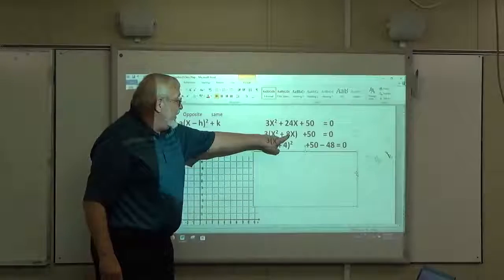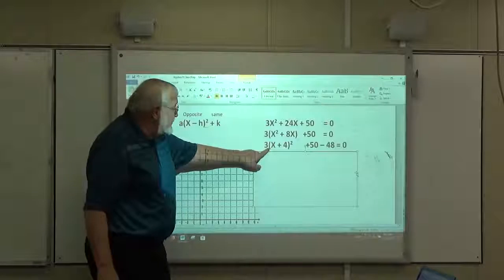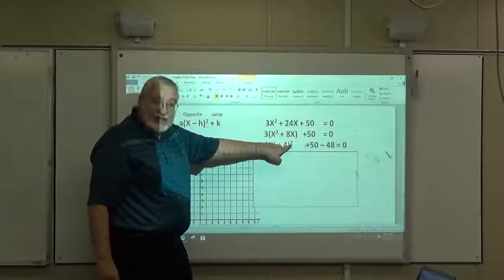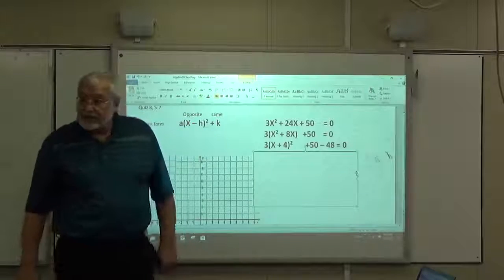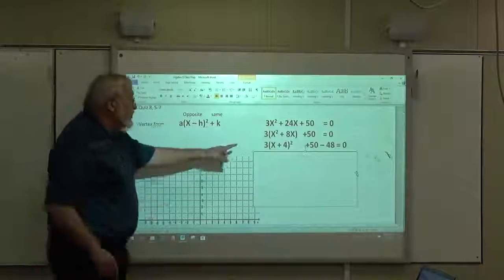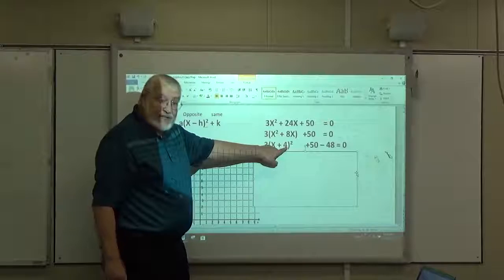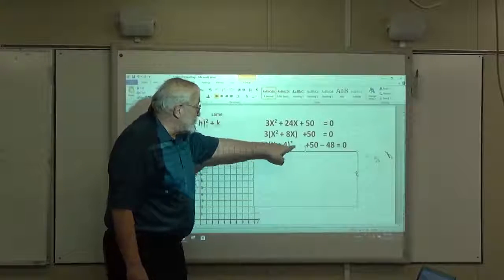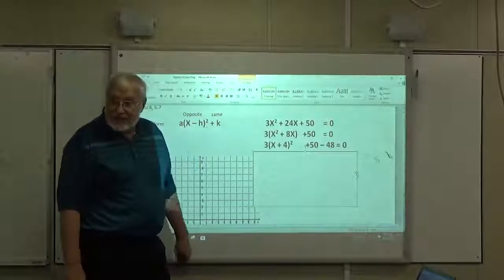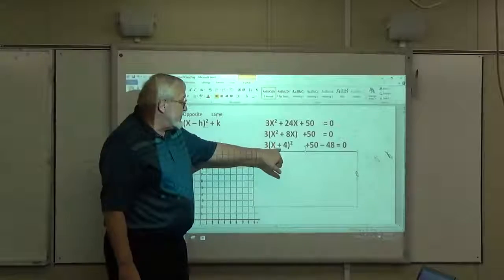So half of this is 4, and so now I have x plus 4 quantity squared. Because if I were to square this, I would have x squared, I would have a 16, and I would have 4x plus 4x, which is 8x. Okay, so that's my perfect square.